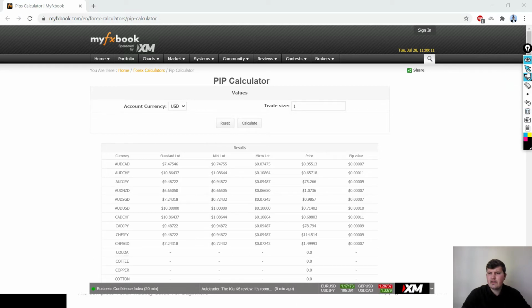And just something quick that I want to mention to you guys, all of the currency pairs where the dollar is the quote currency have a dollar value per pip of $10. And here's the first example, the Australian dollar American dollar has a standard lot of $10 per pip.